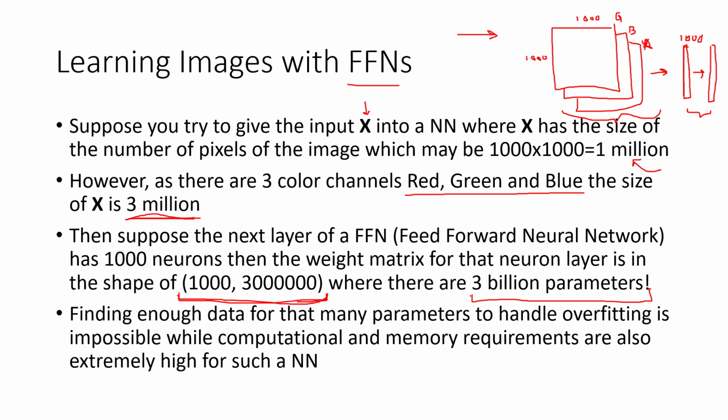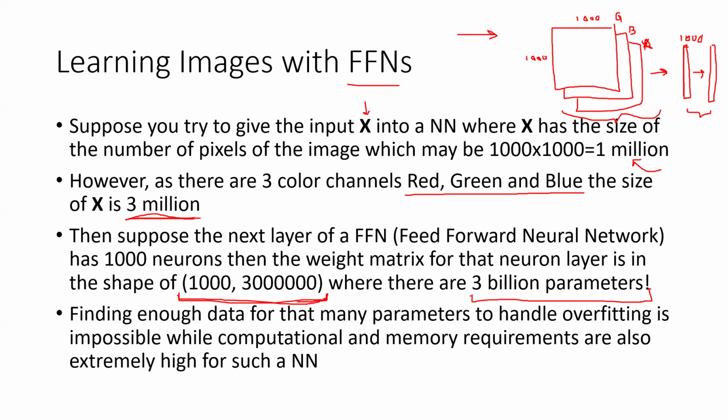So we said that when you are training a neural network, if you don't have sufficient data to train that particular neural network, you need a much higher number of data points corresponding to the number of parameters, right? Otherwise, all the data points would be remembered by the neural network, and that would cause overfitting, right?